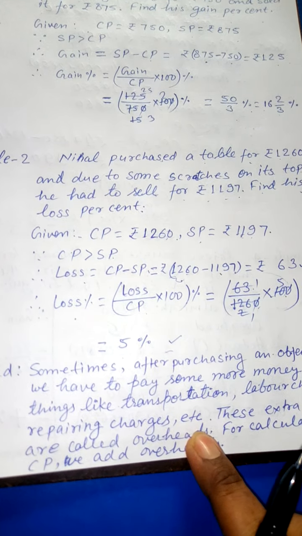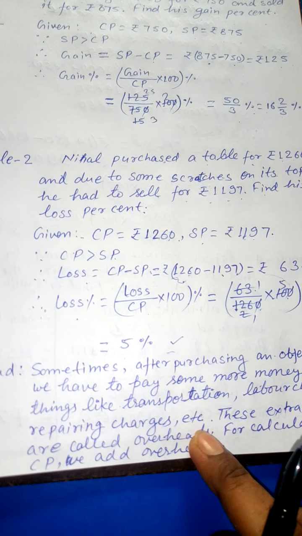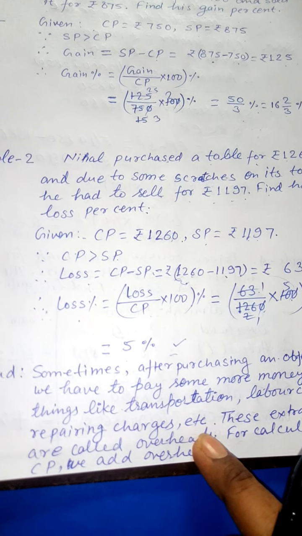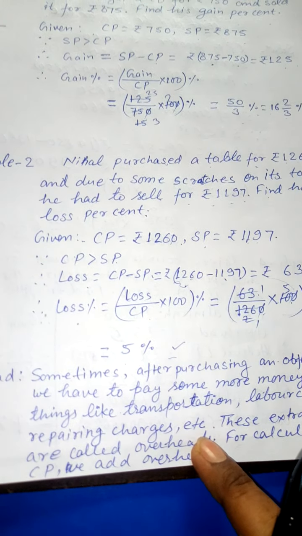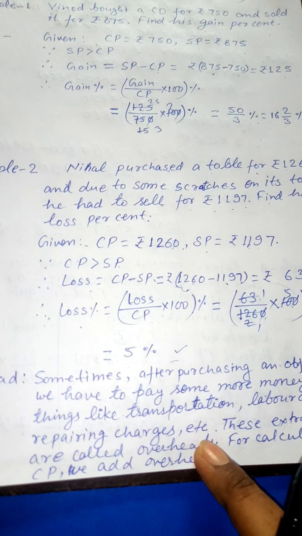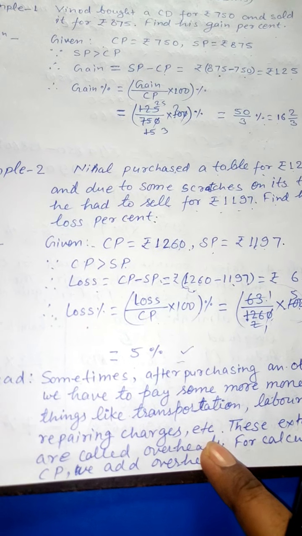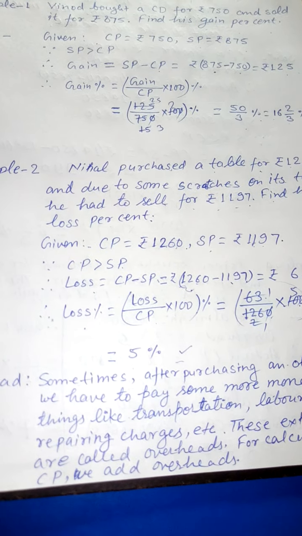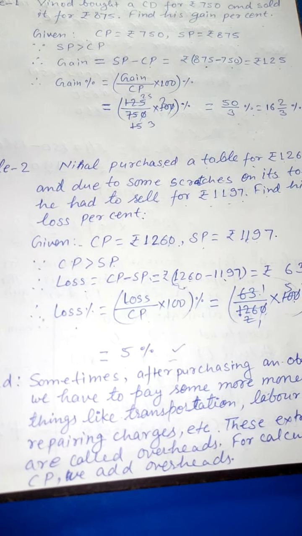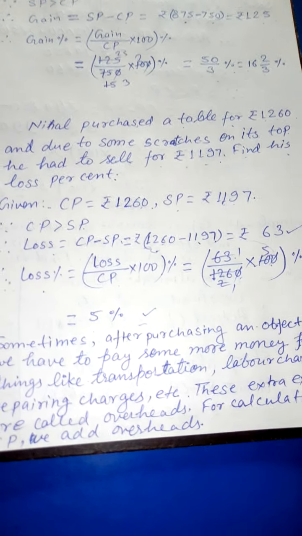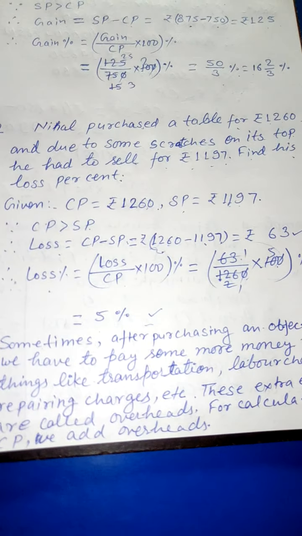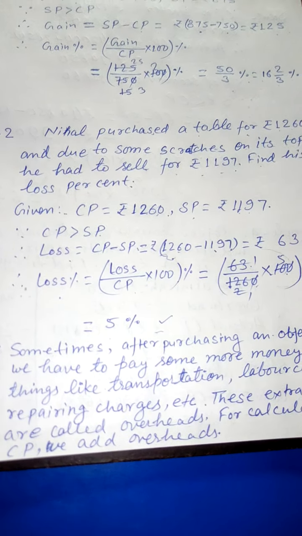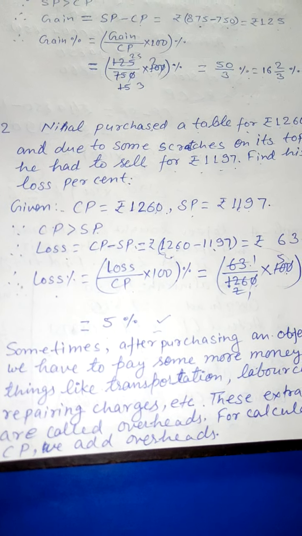That means if we buy something from a shop and we have to pay some transportation charge, some mechanical charge, some special charge for installing them, these charges are taken as overheads.